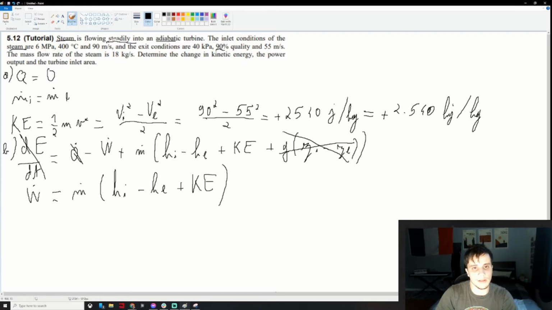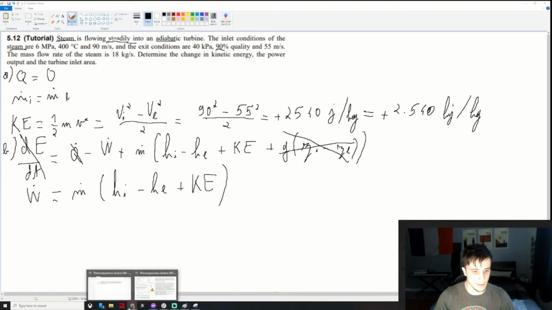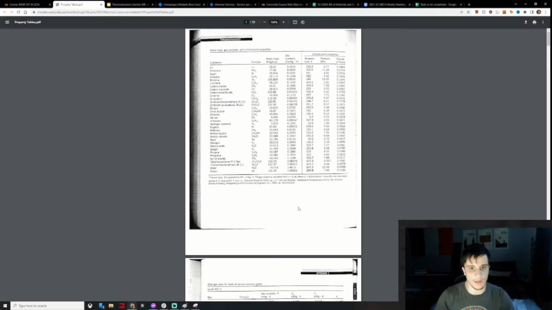For the second state, 40 kilopascal and 90% quality, that's your mixture phase, so you're going to go into your saturated mixture tables using 40 kilopascal and 90% quality as your two intensive properties. And the first state will be 6 megapascal and 400 Celsius. So let's go ahead and do that right now. Go fetch your tables.